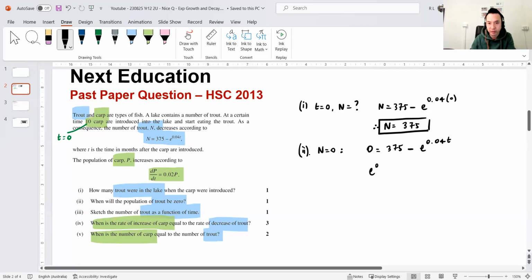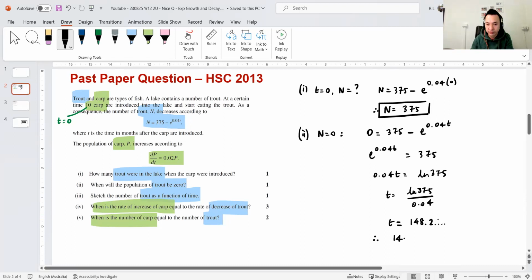Throw that over: e to the power of 0.04t equals 375. Take natural log of both sides, so 0.04t equals ln 375, then divide the 0.04 over. Punch it in your calculator. If you did it right, I believe the answer is 148.2 something, so therefore 149 months.